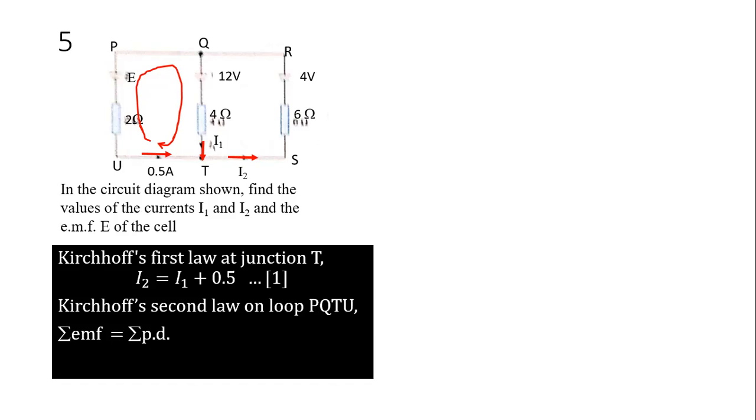12 minus 4. I'm giving you the arrow in the direction clockwise, so you must follow my direction. 12 plus 4? But how can it be 12 plus 4? 12 is in the wrong direction.